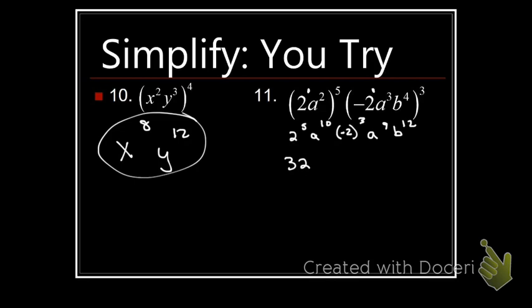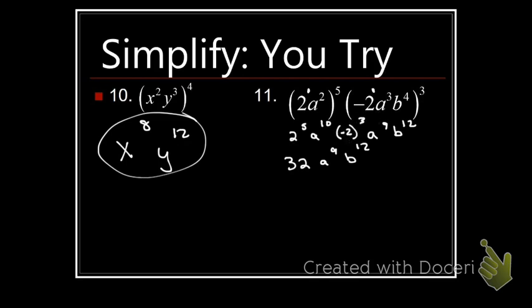And then how many A's do I have total? I have 10 here, and I have how many here? 9. What do you do when you multiply? You do what with the exponents? Add them. So A to the 9th, B to the 12th. I skipped the negative 2 cubed. What's negative 2 times negative 2 times negative 2?